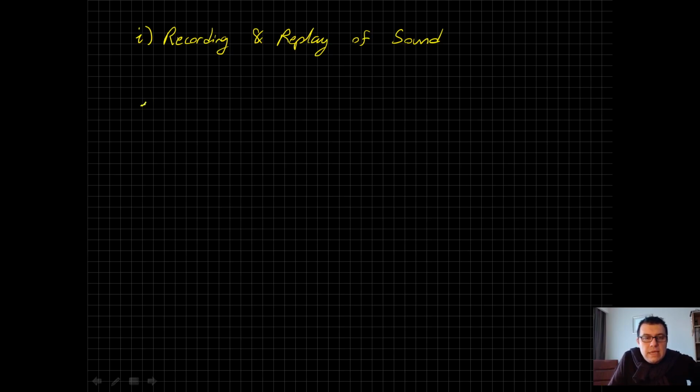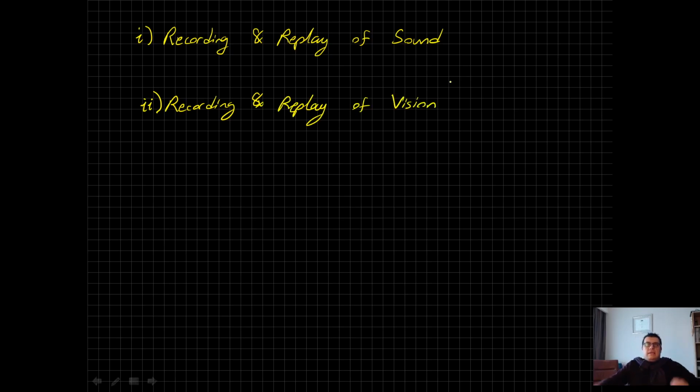And second is recording and replay of vision. So television was used for the remote transfer of the visual information, and recording and replay is a little bit different.